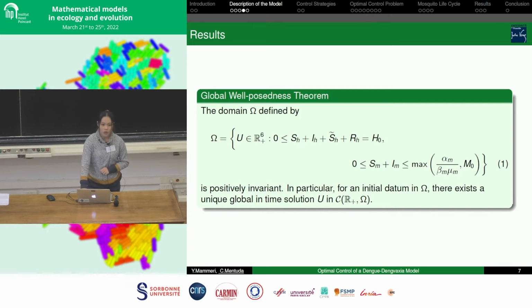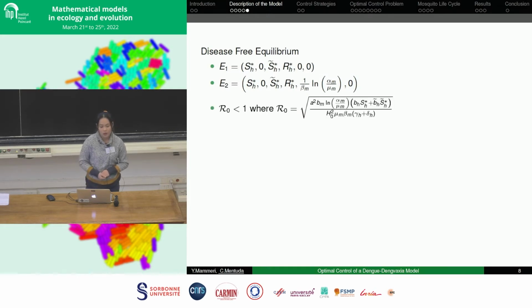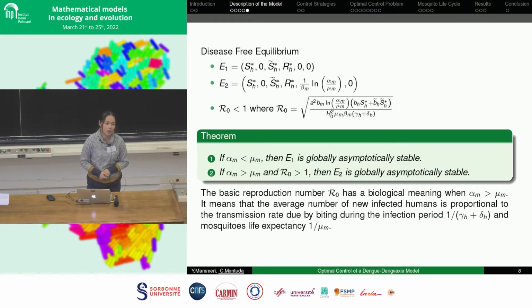We also obtain 2 disease-free equilibria, wherein we get an R0, which is equal to this one. This R0 is only biologically meaningful if our alpha_M is greater than our mu_M, which basically means that the average number of new infected humans is proportional to the transmission rate due to biting during the infection period and the mosquitoes' life expectancy.